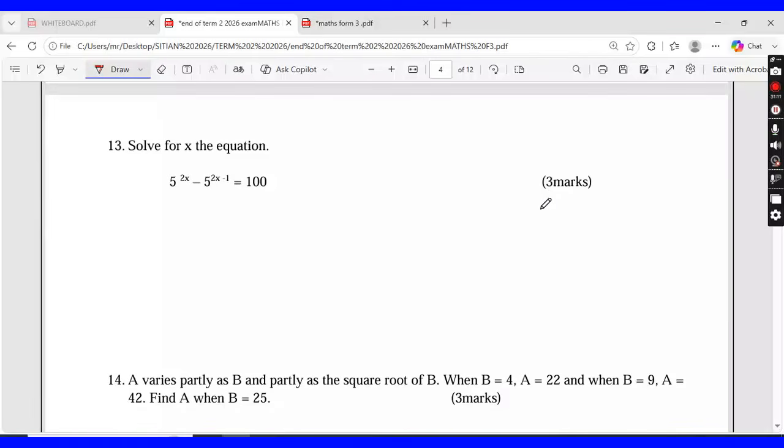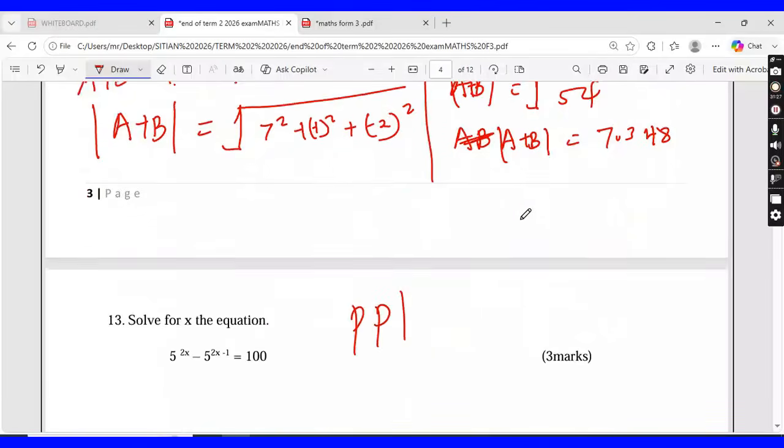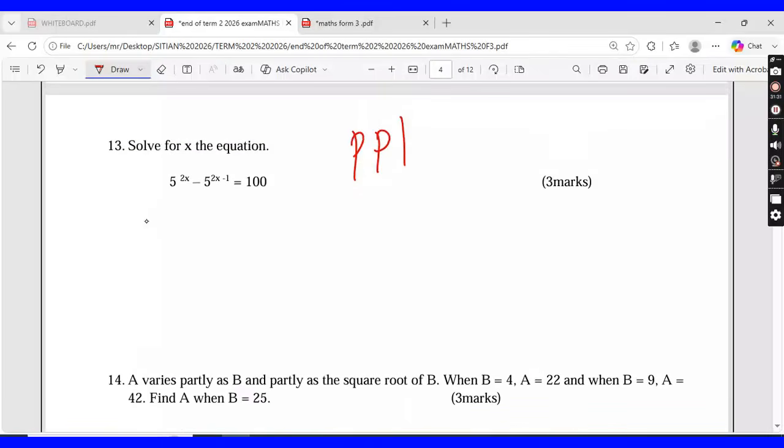Solve for x. Here there are some few important things. This is paper 1, and it is from indices.